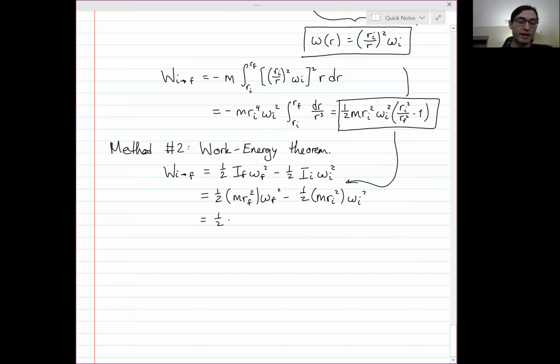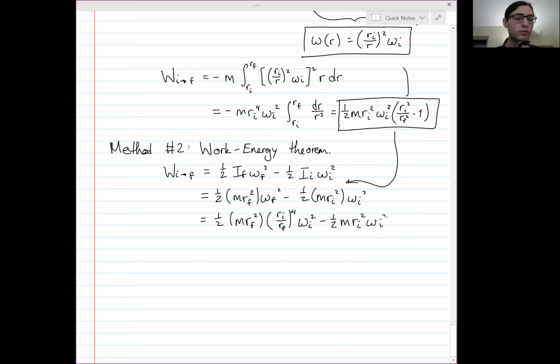So this gives us 1/2 m Rf squared times (Ri over Rf squared) omega sub I. Wait a minute, I need to make sure that's to the fourth, because it's omega sub F squared, and this is omega sub I squared here, minus 1/2 m Ri squared omega sub I squared.